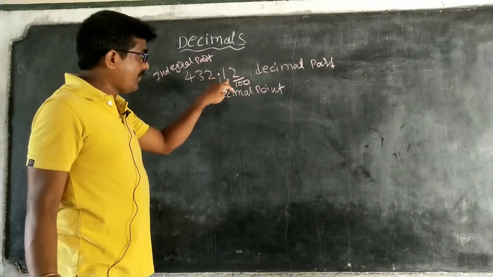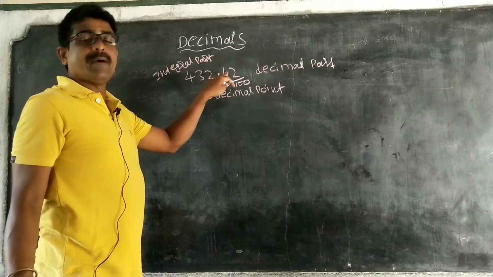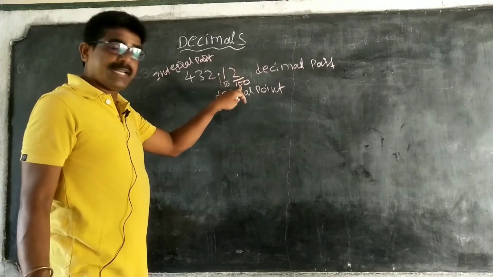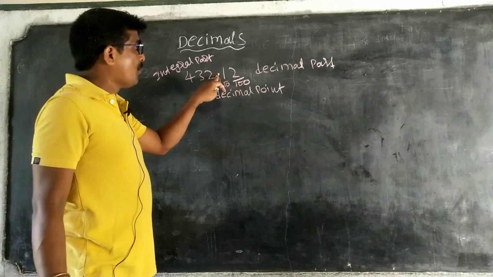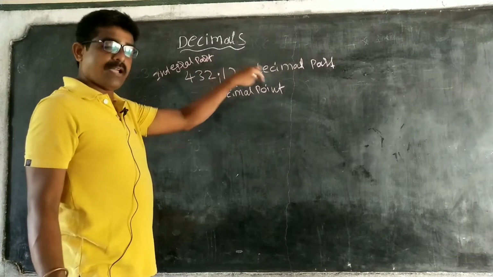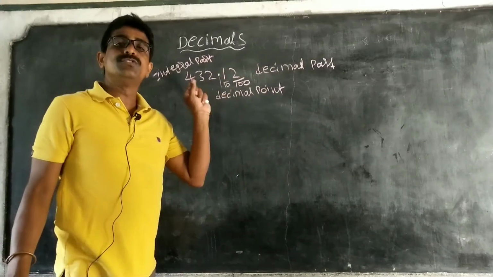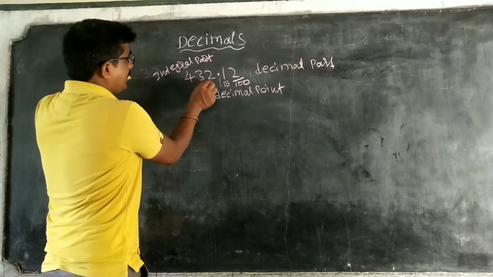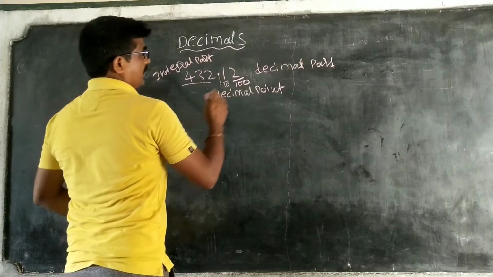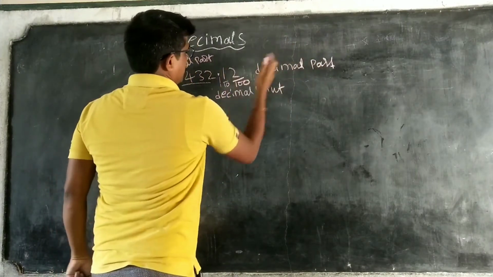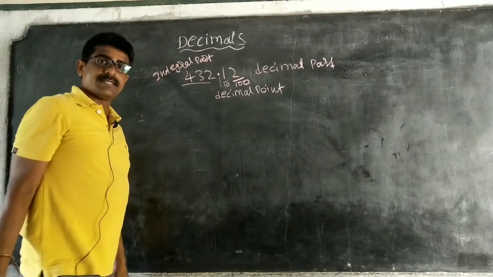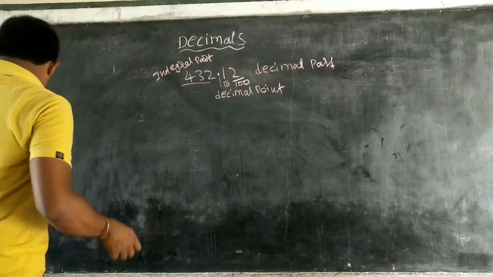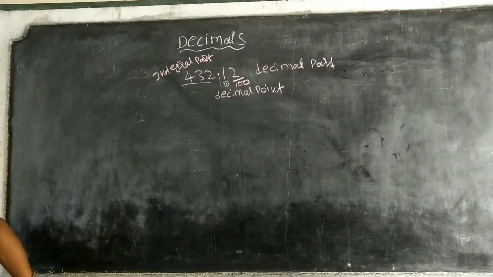Whenever we divide by 10, we get 0.2. Whenever we divide by 100, then 0.02. The left side is the integral part, this is the decimal point, and this is called the decimal part.